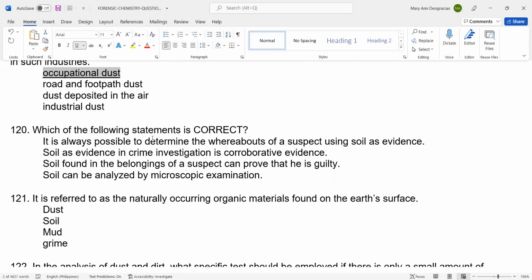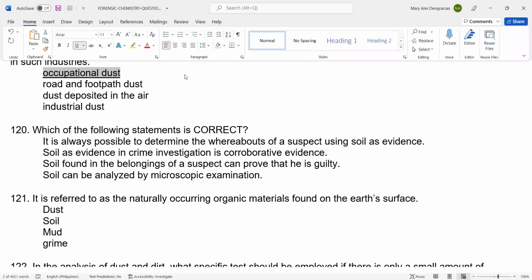C, soil found in the belongings of a suspect can prove that he is guilty. D, soil can be analyzed by microscopic examination. Which of those is the best correct answer?